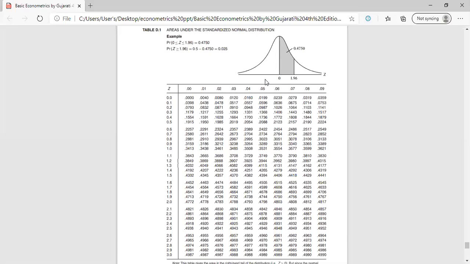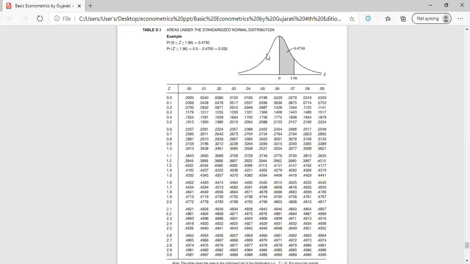What is the probability that Z lies between minus 2.25 and 0? You already did: 0.4878. Then add that with the probability that Z lies between 0 and 1.96, 0.475. You add both, and what do you get? 0.9628.